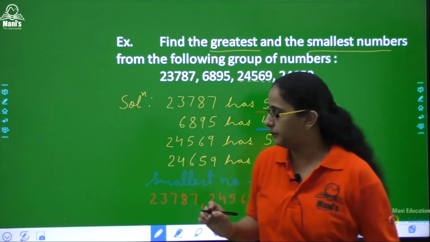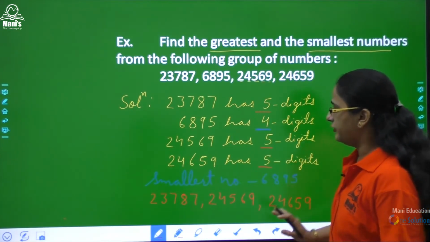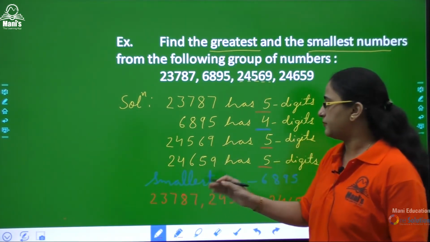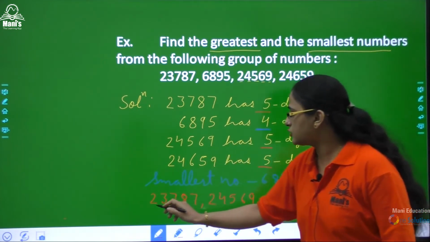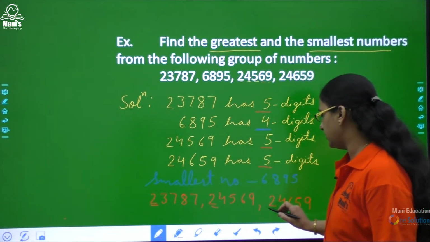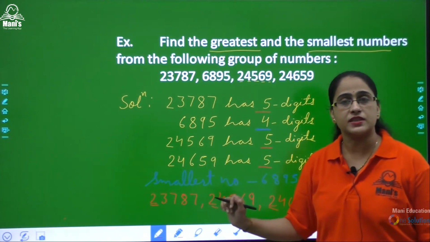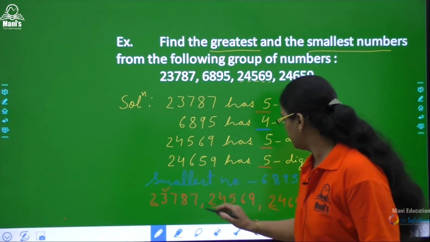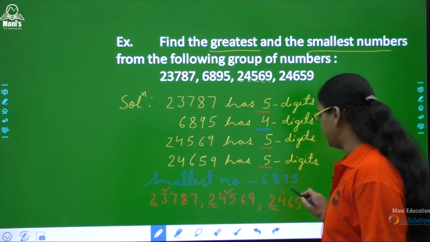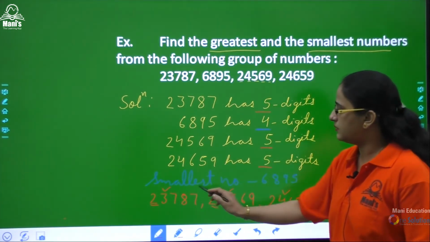Now as you compare, you can observe, we go to the next step. We have to see the leftmost number. Here is 2, here is also 2, here is also 2. The same numbers are there, so we have to go to the next number. There is 3, there is 4, there is 4. Again, this number is cancelled out.